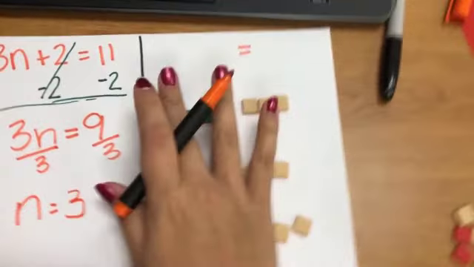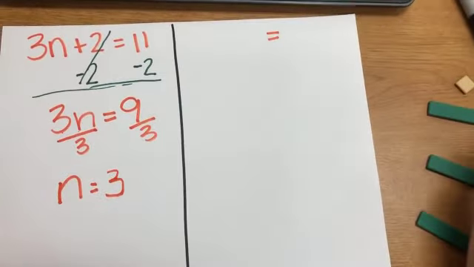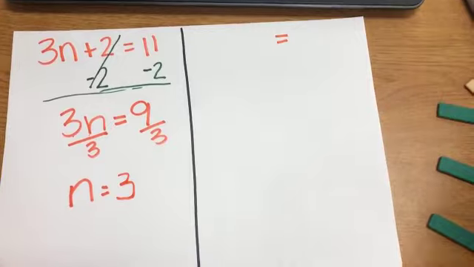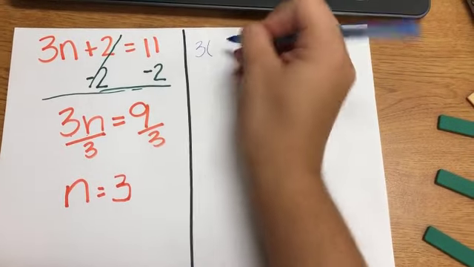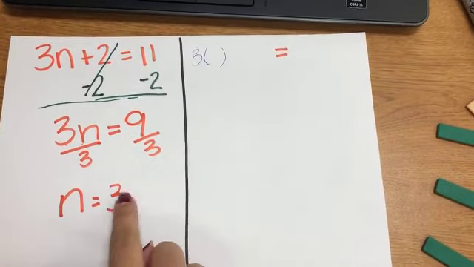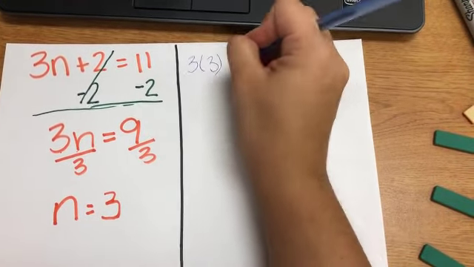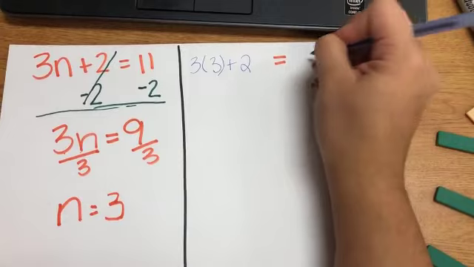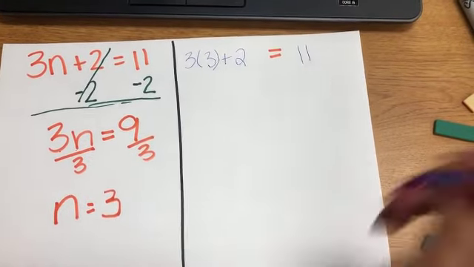All right, now before we say that's our final answer, let's just make sure that that work is correct. So I'm going to rewrite my equation. Instead of putting the variable, I'm going to put the actual number. But the rest of it will look the same.